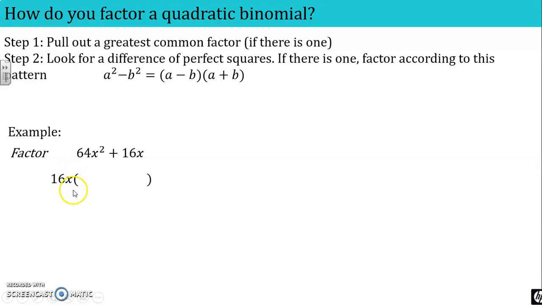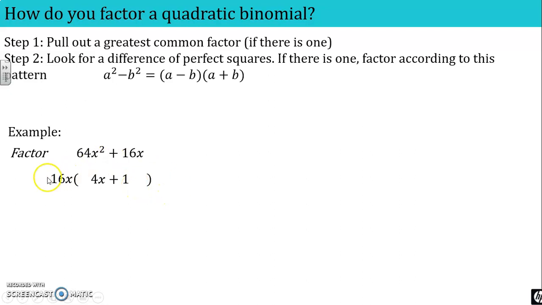The greatest common factor gets written on the outside of a set of parentheses. And then in order to get what's inside the parentheses, we are dividing both of these by 16x. You end up with 4x. 64x squared divided by 16x gives us 4x. And then 16x divided by itself gives us 1.